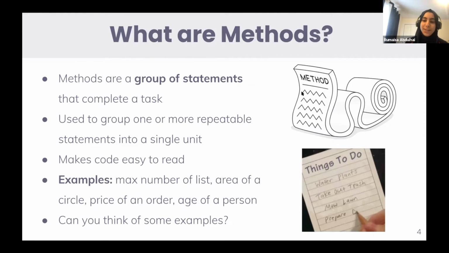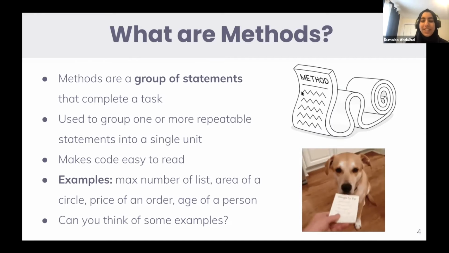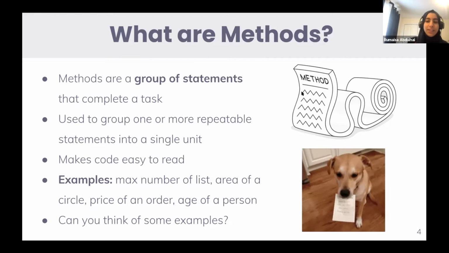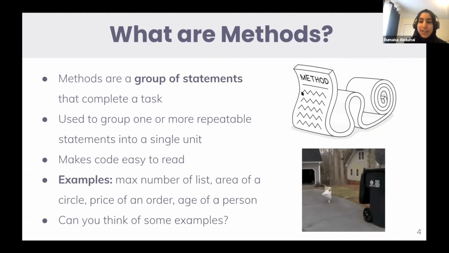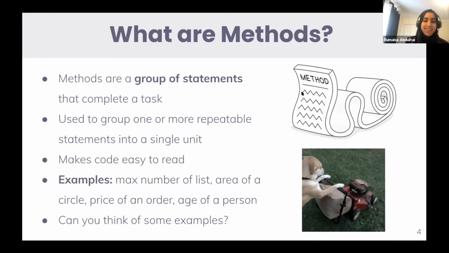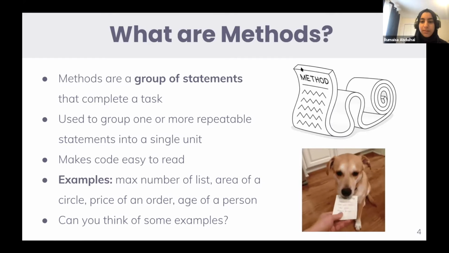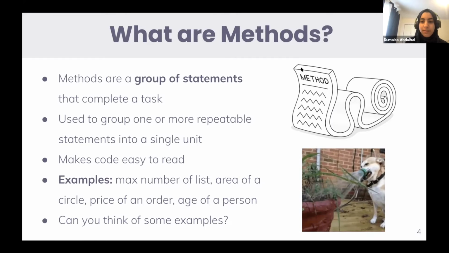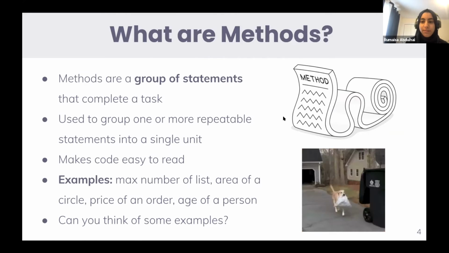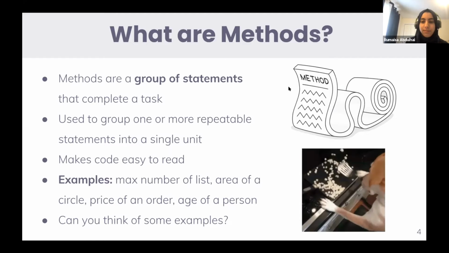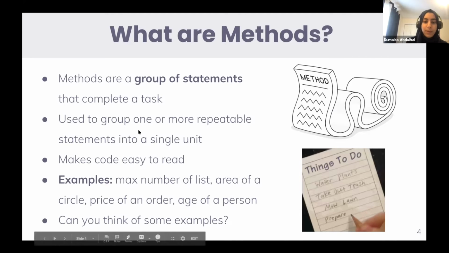Yes, it would be nice to have a dog that can do all of these things for us, or anything, you know, even a robot. Anyone else? Any other examples? Okay, we'll just move on then.